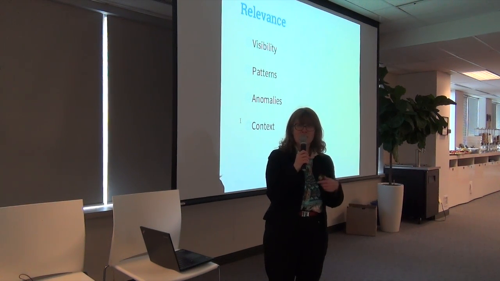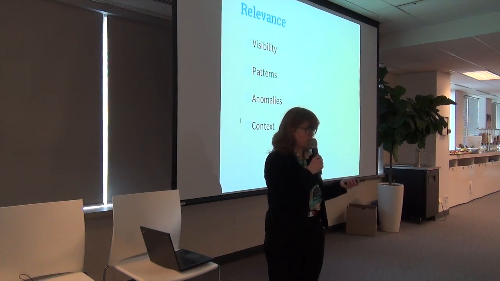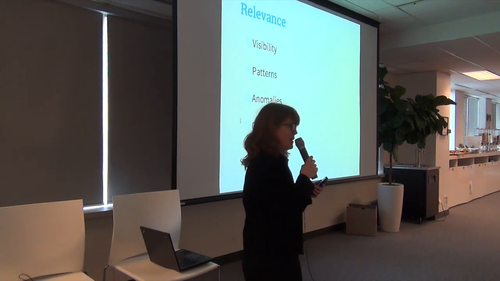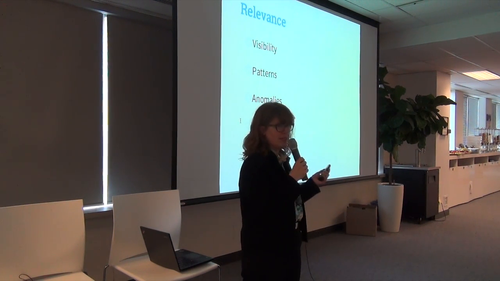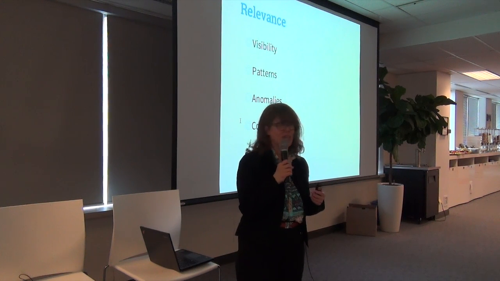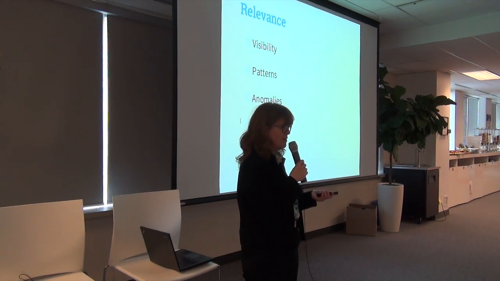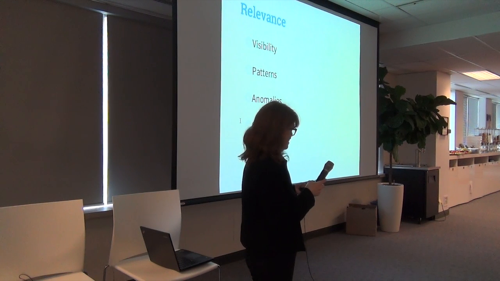We take the data, manipulate it, we weed out things that are irrelevant, that are false positives, that are duplicates, and we build up this fabric, this context that tells the story of who we are. That's the relevance.